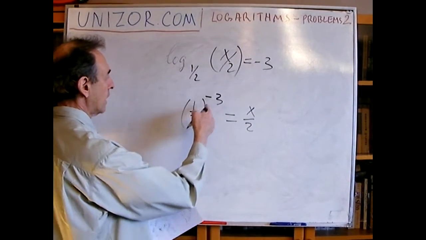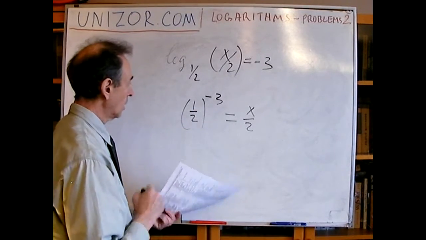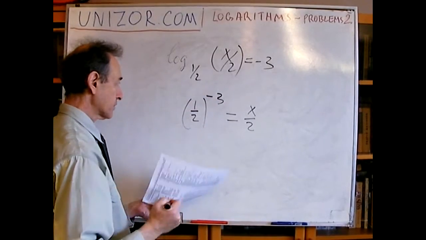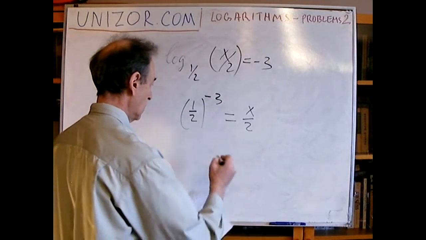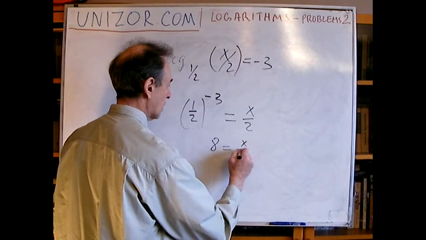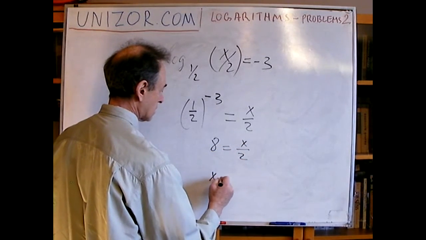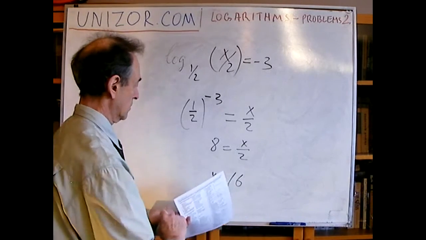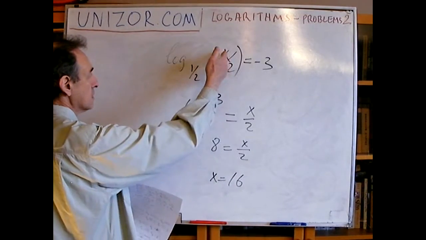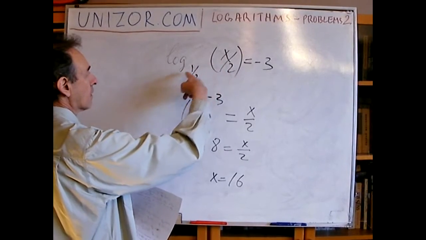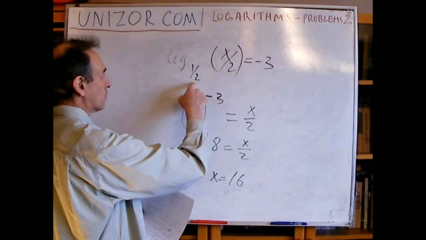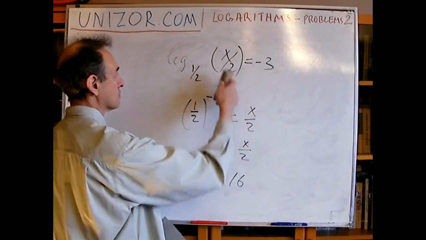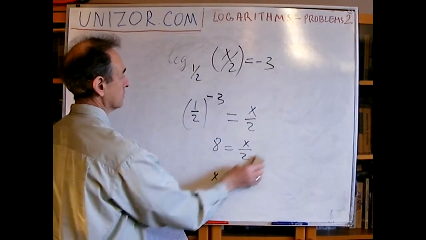So 1/2 to the -3. Minus means it should be inverted, so it's 2 to the power of 3, which is 8. So x over 2 equals 8, and x is equal to 16. And again, if you substitute 16 here, you will have 8, and logarithm of 8 base 1/2 is -3, because 1/2 to the power of -3 will give you 8.